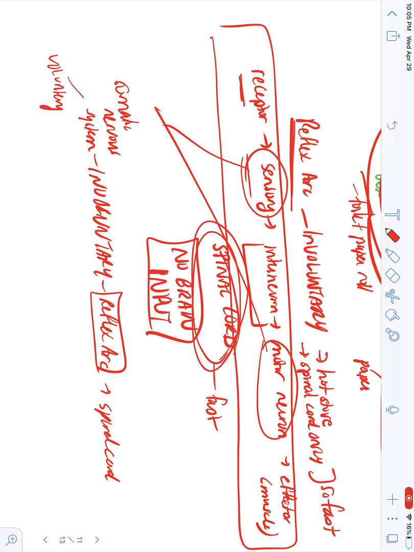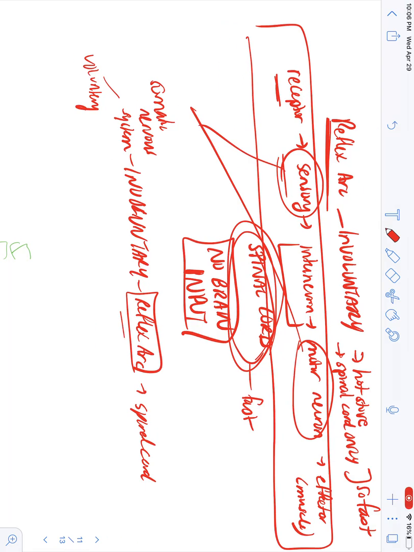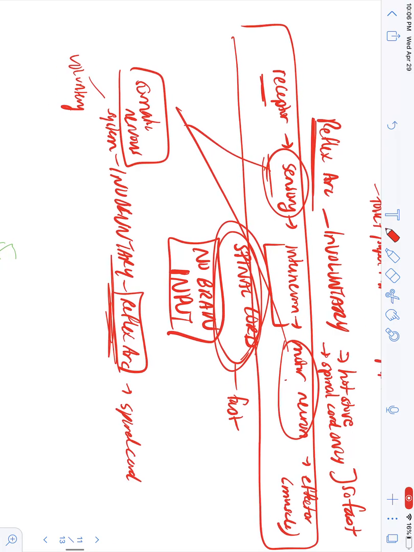You can force yourself not to move because that's voluntary, but that still involves sensory and motor. If somebody sticks a pin in you, you're still activating your sensory neurons, but you're willing your motor neurons not to move your muscle, even though it hurts. But the reflex arc is involuntary, and it still involves the sensory and motor neuron. So that's part of your somatic nervous system.